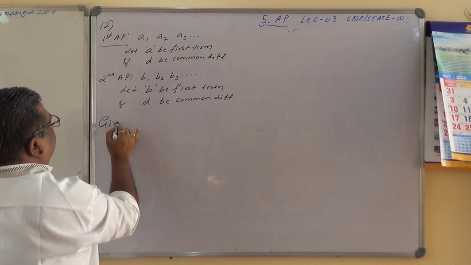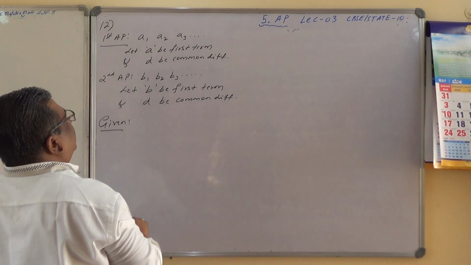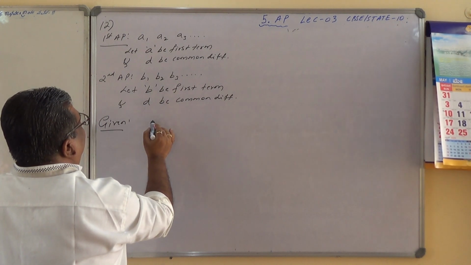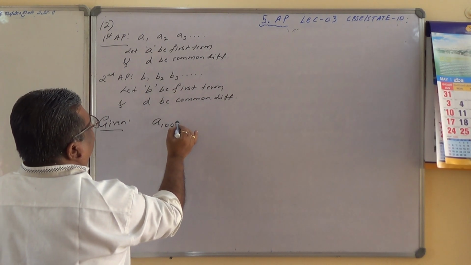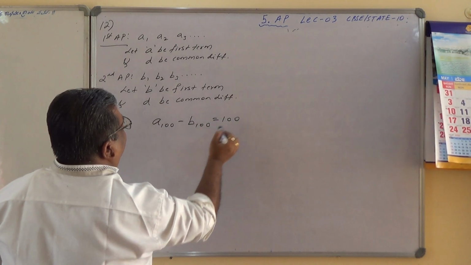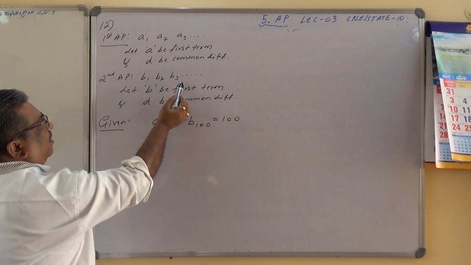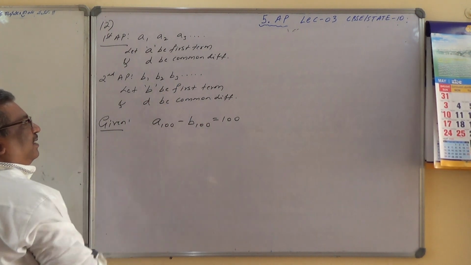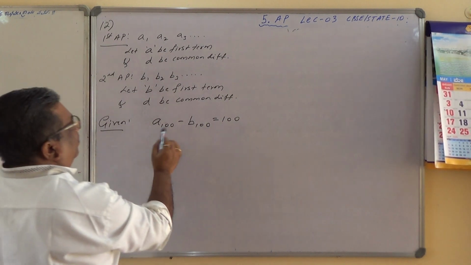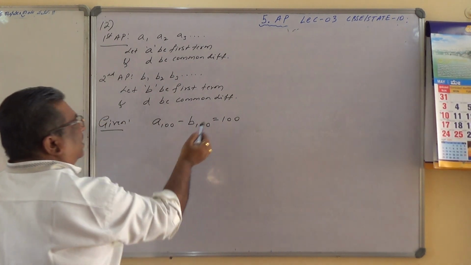Given, the difference between their 100th term is 100. Which one is that? A100 minus B100 equals 100. Correct, no? In this AP, B100 is the 100th term. In this AP, A100 is the 100th term. So the difference between their 100th term is 100.